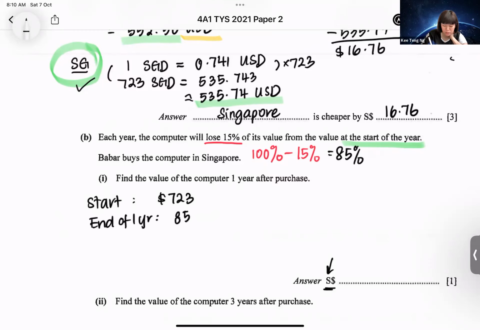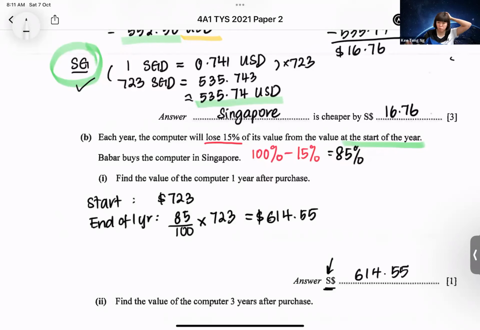So this 85%, they gave us the percentage, divide by 100 times 723. That gives me the amount of money, $614.55. Okay, so this will be the value at the end of 1 year.